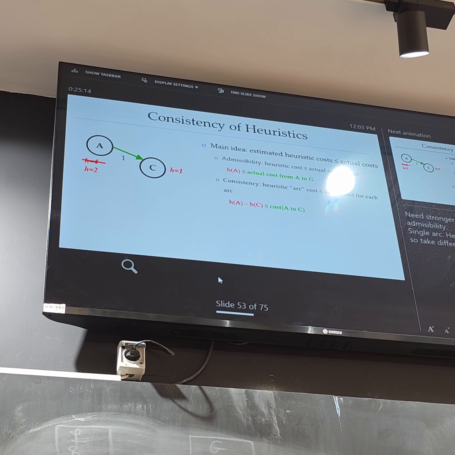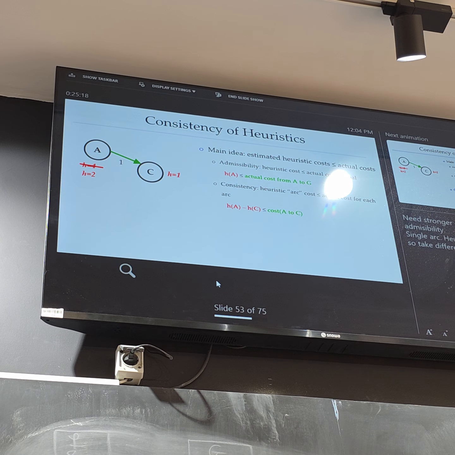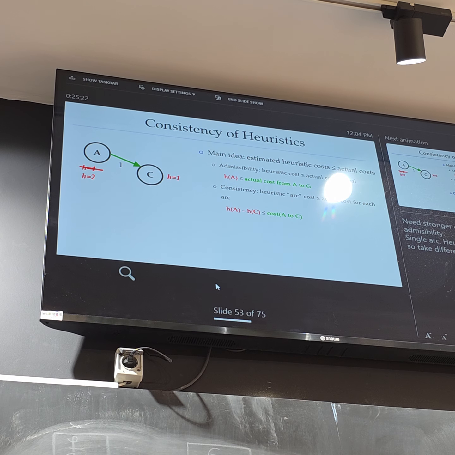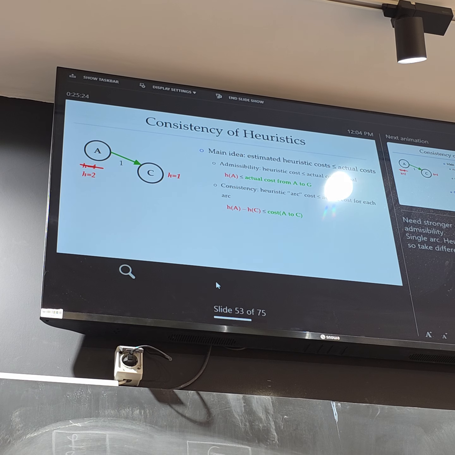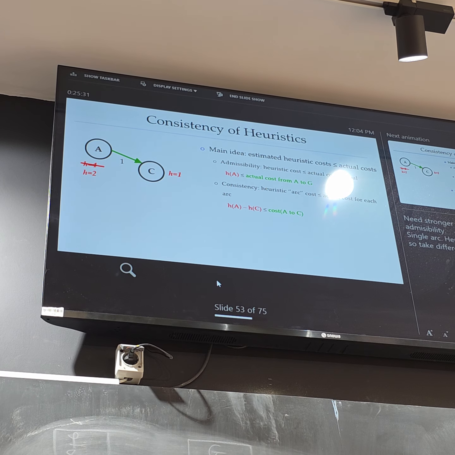You should check all of the different paths from any node to the target, and based on the different paths, you should define the lower bound. Based on the lower bound, you can define and modify the consistent heuristic.